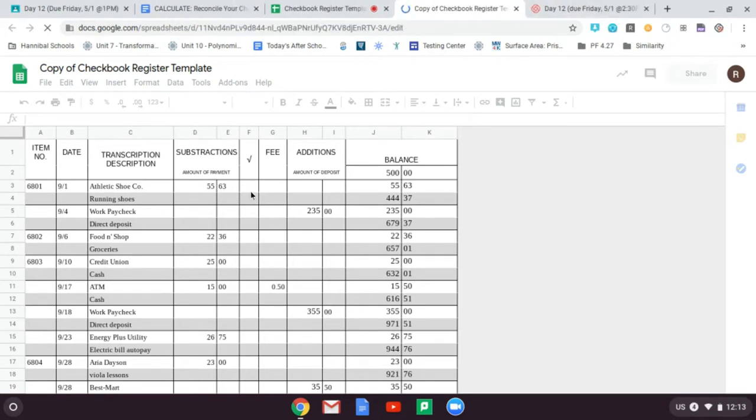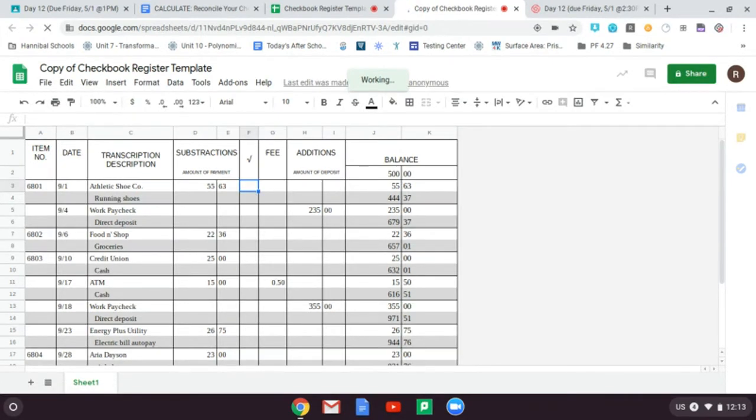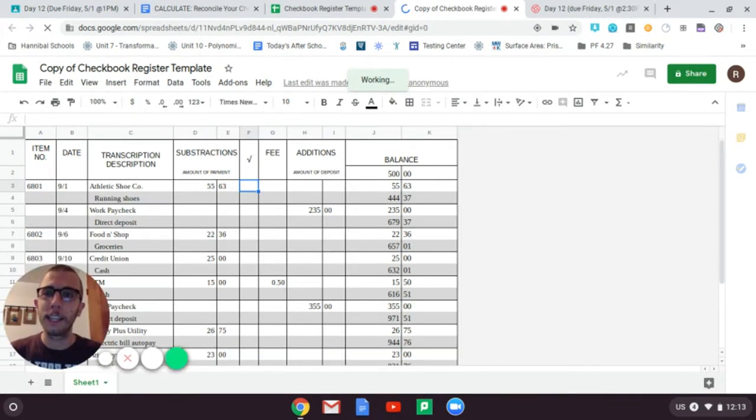Okay, now I have this copy that's mine and I can write in it. After it loads, give it a second. Can only go as fast as your Chromebook, am I right?